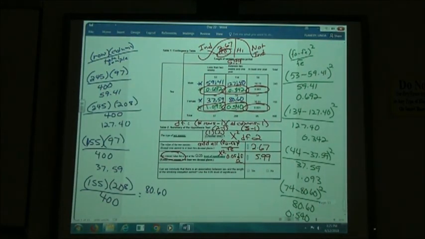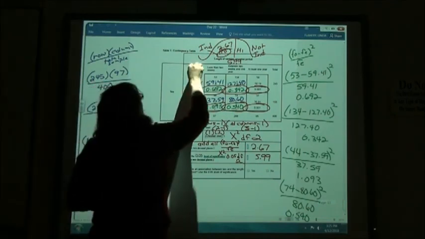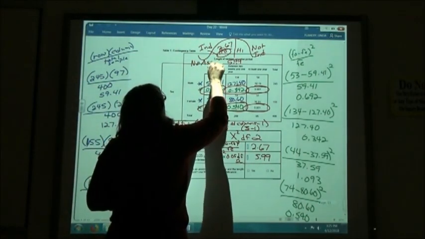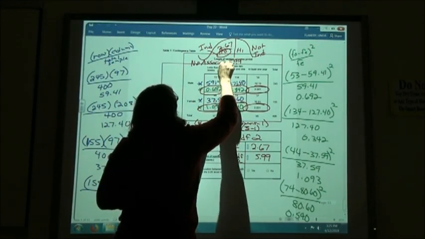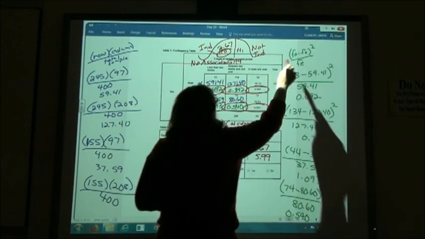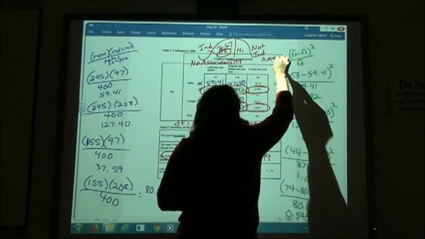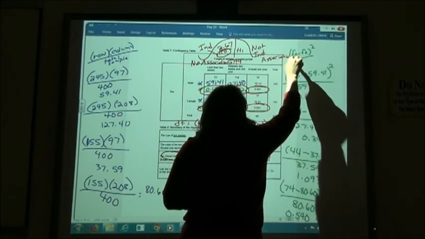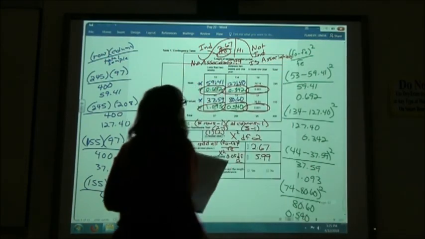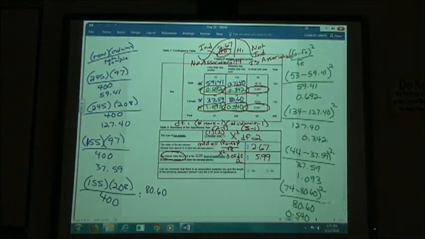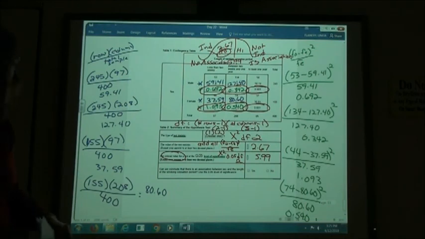If it's independent, we're going to say there's no association. If it's not independent, there is an association. If you're independent, you're not associating with something else. Not independent, you are associating with something or someone else.